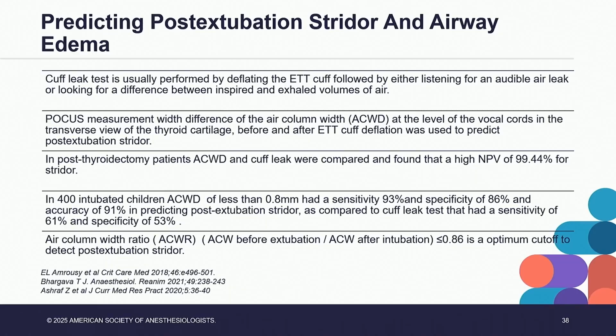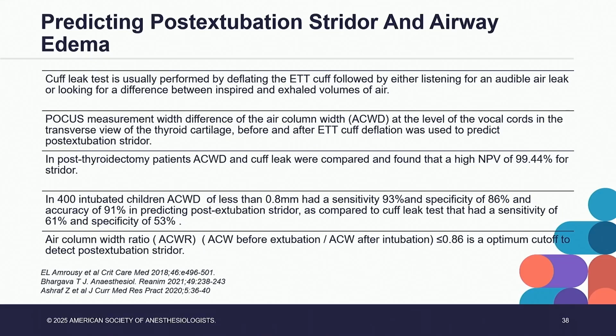It was used to predict post-extubation stridor. They found that in thyroidectomy patients, the ACWD and cuff leak were compared, and it had a high negative predictive value of 99.44 for stridor.